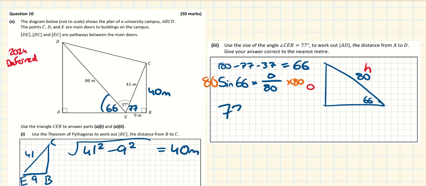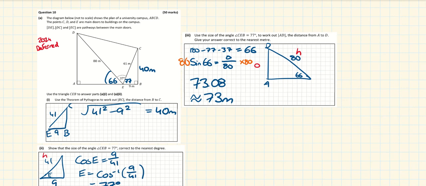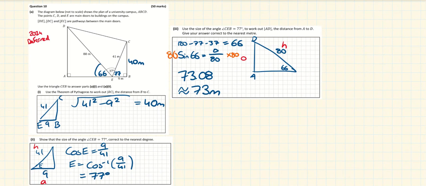It'll give you 73.08 as AD here. It says to the nearest metre, so it's approximately 73 metres. Again, we're just using our ratios, sine, cosine, or tangent. Remember them all, SOH CAH TOA, opposite, hypotenuse, and adjacent.